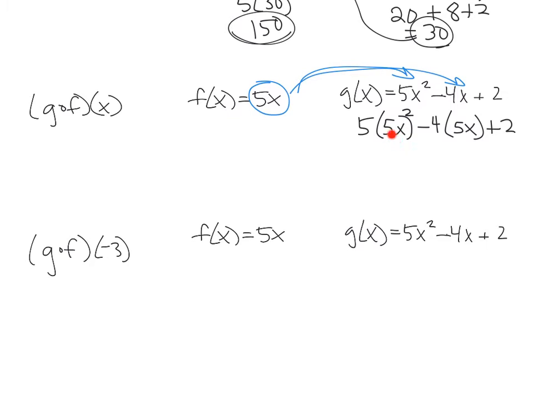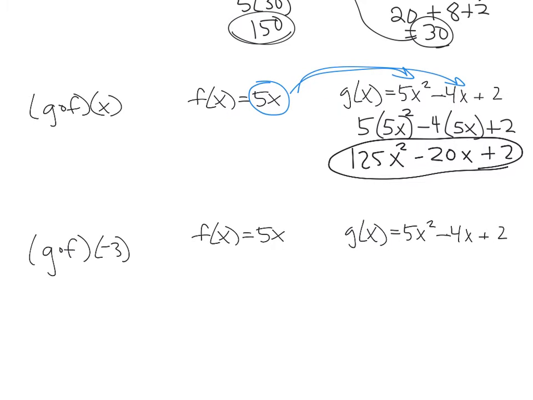This becomes 25x squared, and 25 times 5 is 125, so that's 125x squared. This becomes minus 20x plus 2, and there is our answer. So again, we took x, put it into f, that gave us f of x, which is 5x, and then you stick it into g. And that ends up giving us this.